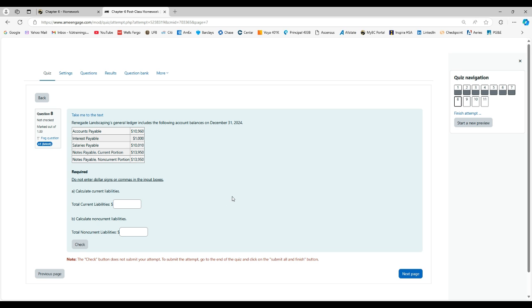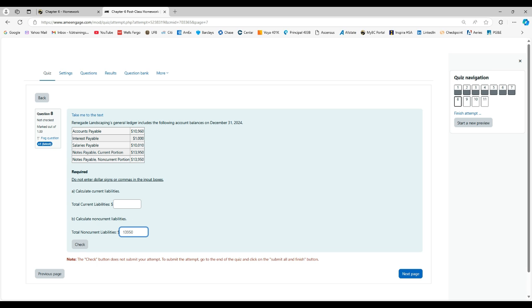Okay, question number 8. Renegade Landscaping's ledger includes the following. So we've got some accounts shown here with totals, and we need to do the similar thing, breaking out the current versus non-current liabilities. The only non-current liability we're going to see here is the 13,950.